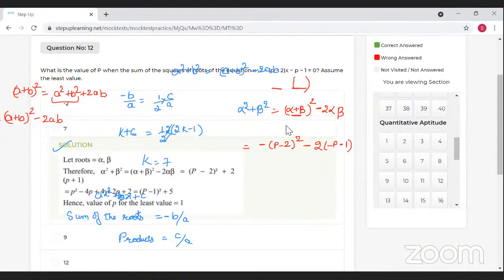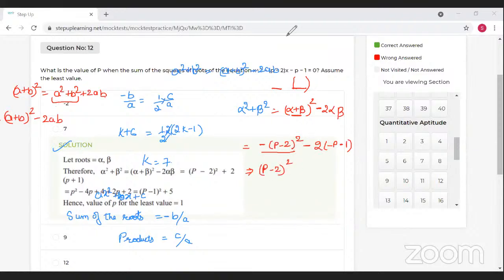Once you solve this part, you will get this equation, (p minus 1) whole square plus 5, isn't it? Minus (p minus 2) whole square is nothing but (p minus 2) whole square, because minus square will be this.